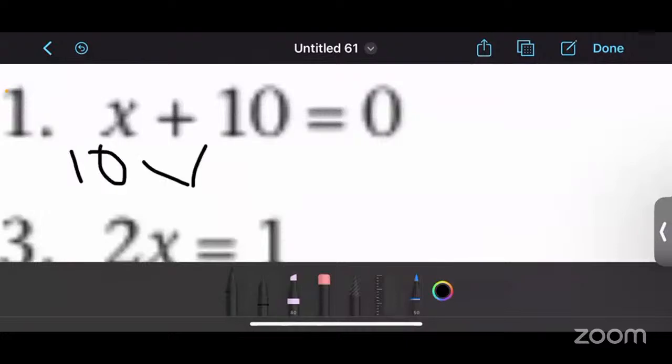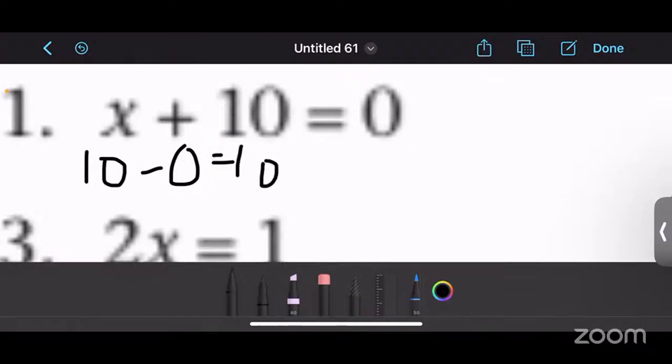Sorry, let me write straight there. 10 minus 0 equals 10. That's it. X equals 10.